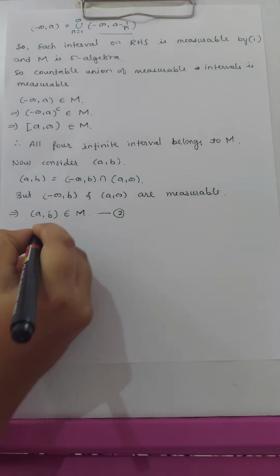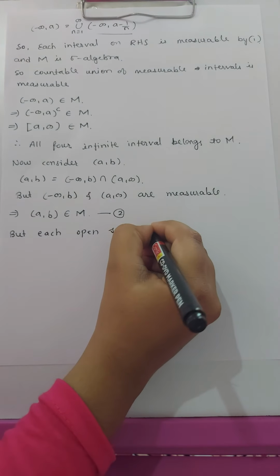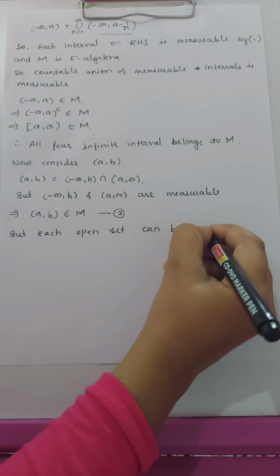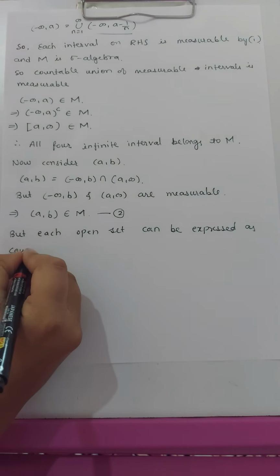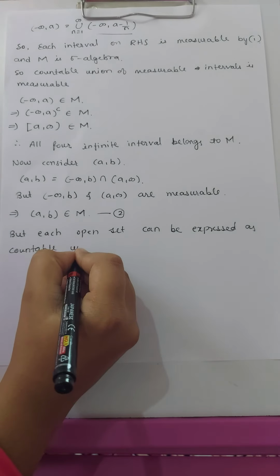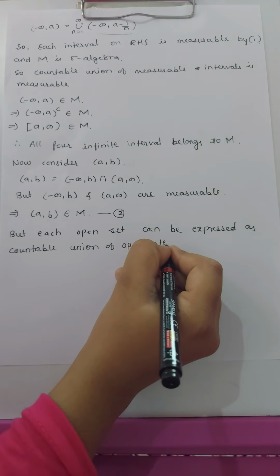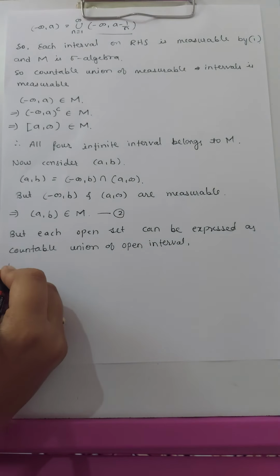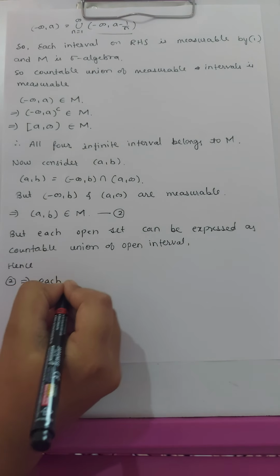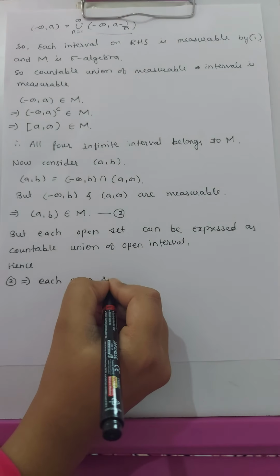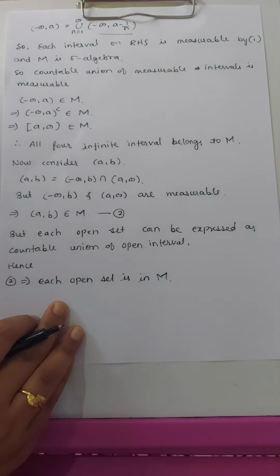But each open set can be expressed as a countable union of open intervals, and hence the second implies that each open set is in M. That is, each open set is measurable.